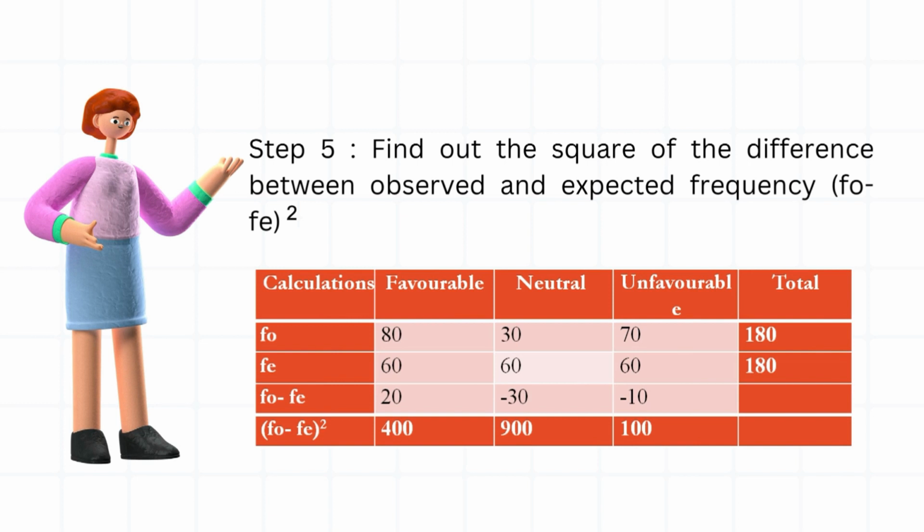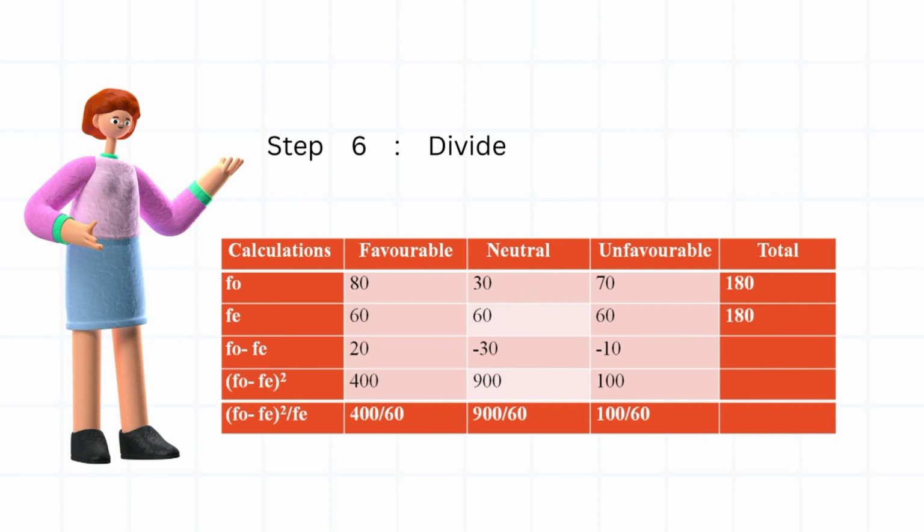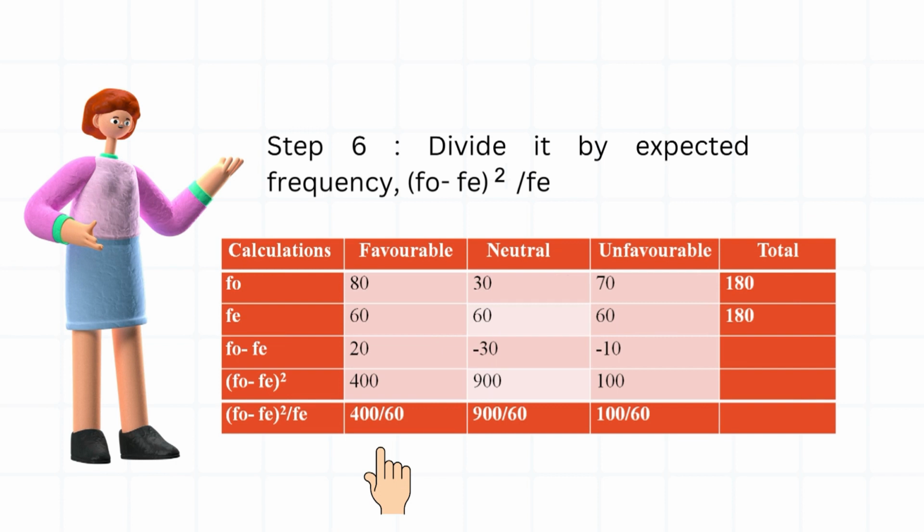So, this is the value of the square of FO minus FE. Now, we move ahead towards step 6, and this is to divide it by the expected frequency, and this would be 400 upon 60, as you can see here, 900 upon 60 and 100 upon 60.